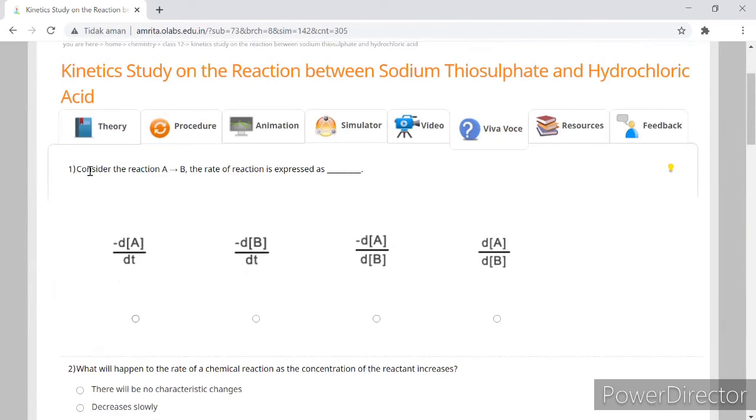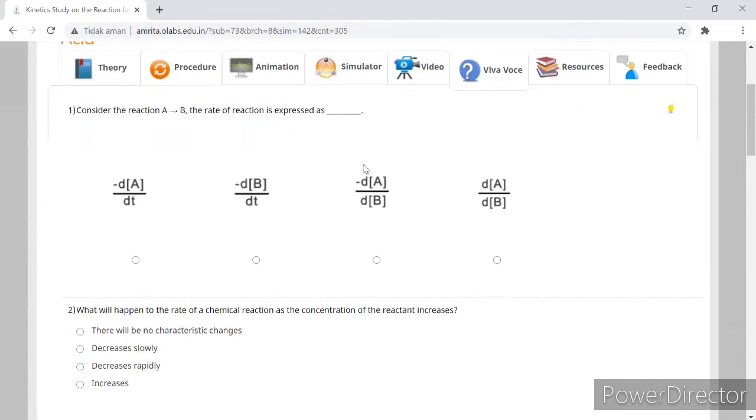So the first question, consider reaction A into B. The rate of reaction is expressed as, we know that rate of reaction is the decrease of the reactant in time. So we will choose this one, decreasing the reactant in time.